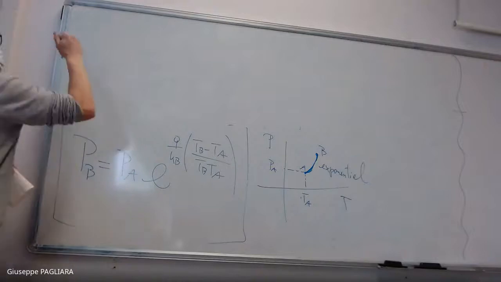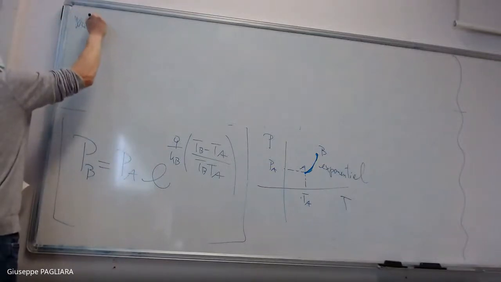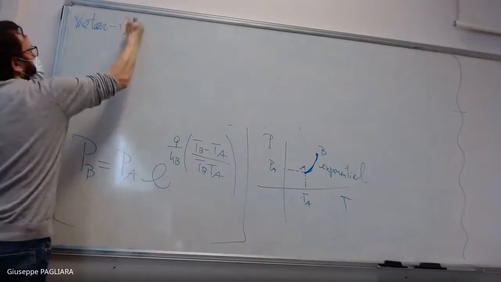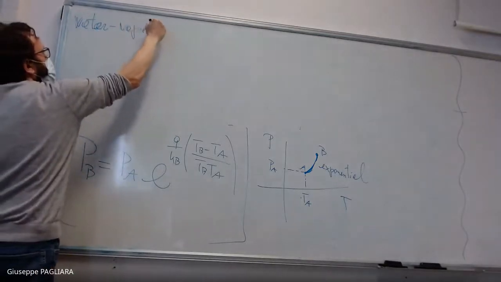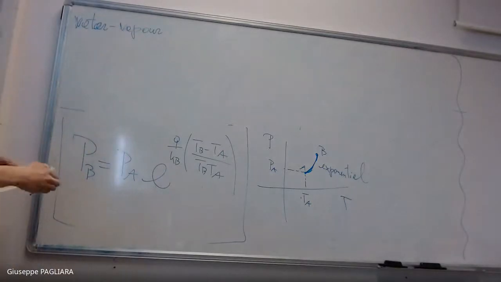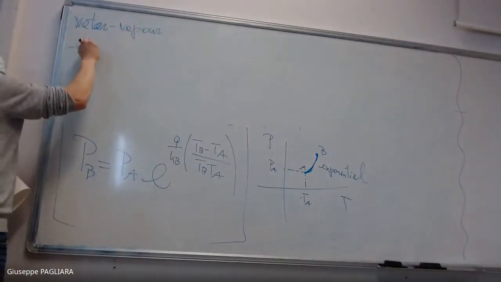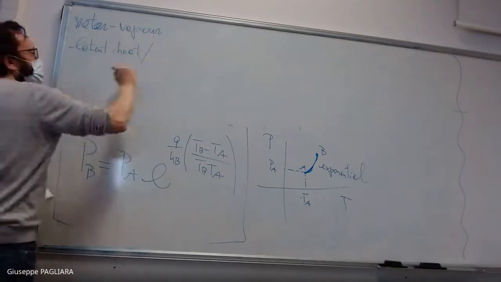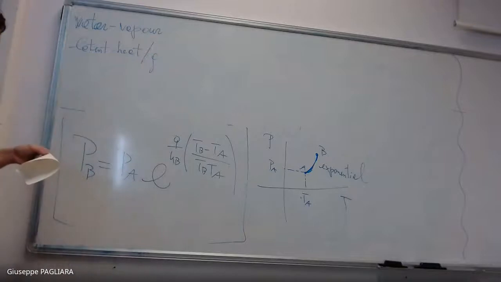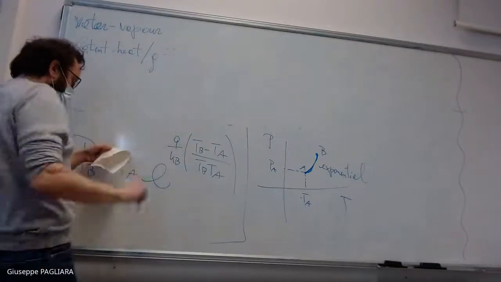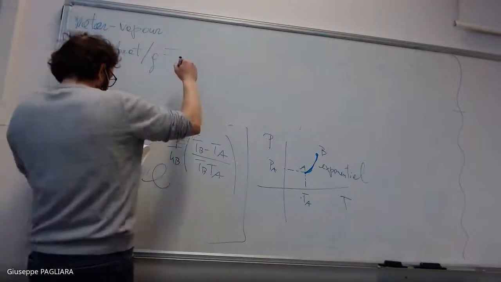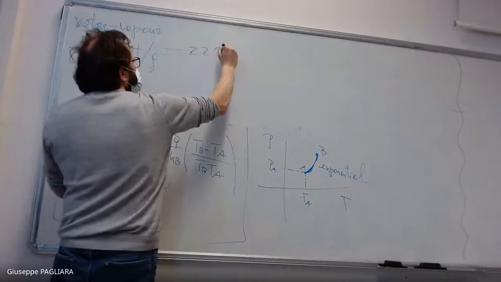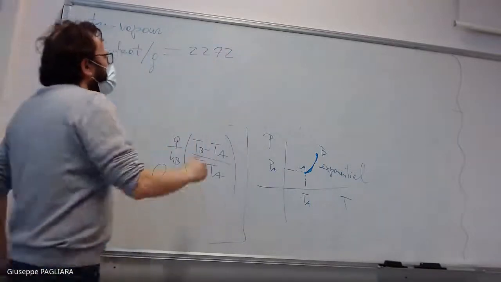Okay, so let's consider water, vapor, for which we have the latent heat per gram, given by this number here, 2,272 joule per gram.